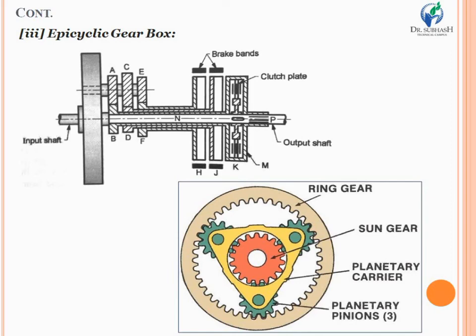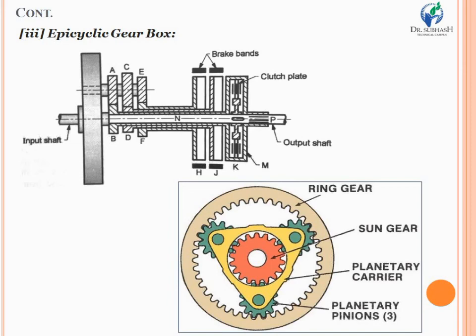When the member M is pressed, that means the outer peripheral surface is pressed against the clutch plate, it will engage the clutch and thereby connect the shaft to the output shaft P. So over here, engagement and disengagement is possible by pressing the outer plate M, and in that way you have the assembly with both shafts, and you get the required speed or torque.